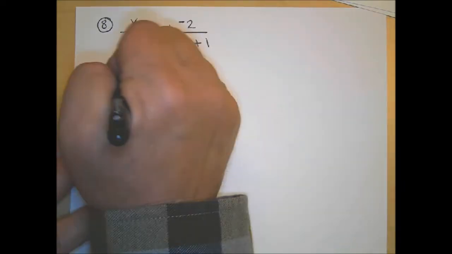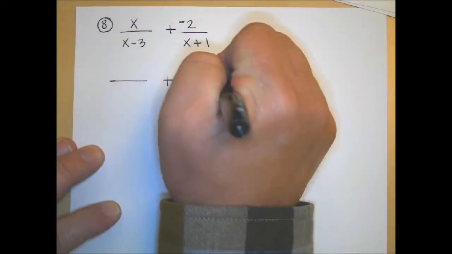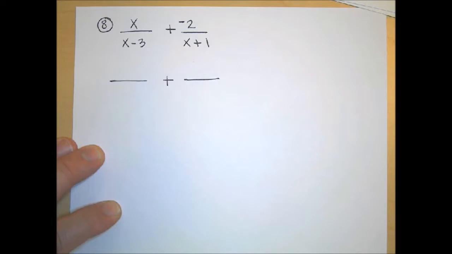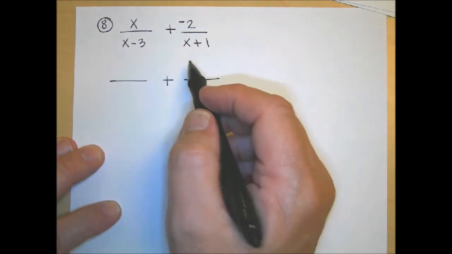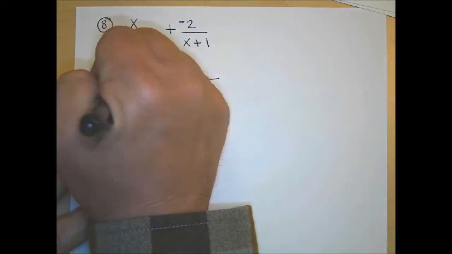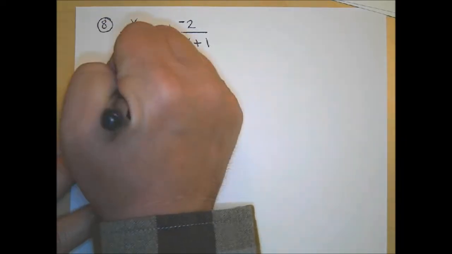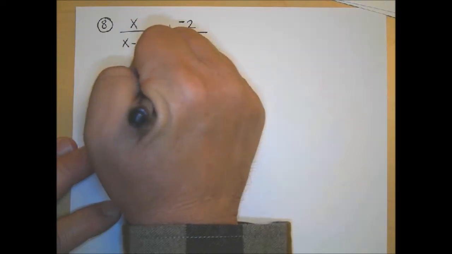Now, as I said, each denominator is a distinct binomial. So that almost makes it a little bit easier because what we know is the common denominator is going to be the product of x minus 3 and x plus 1.